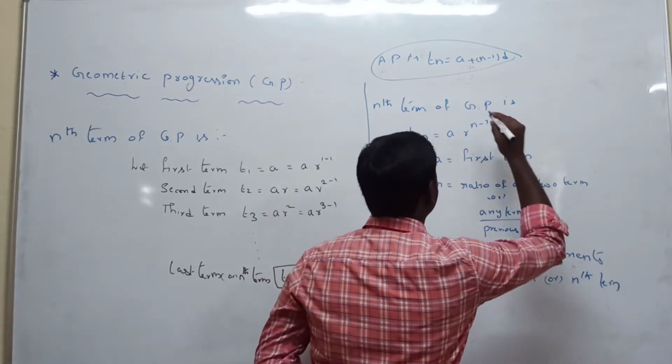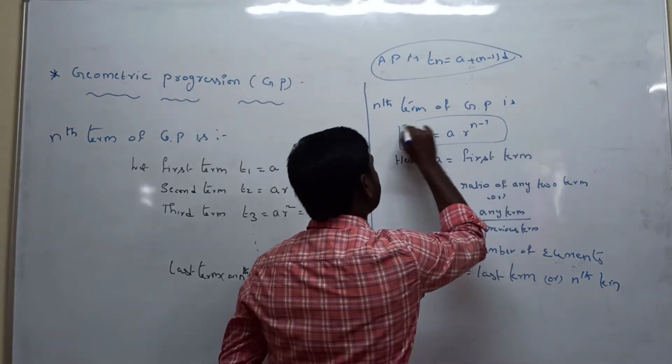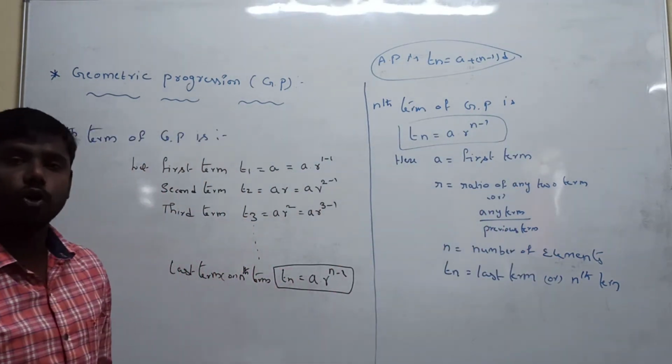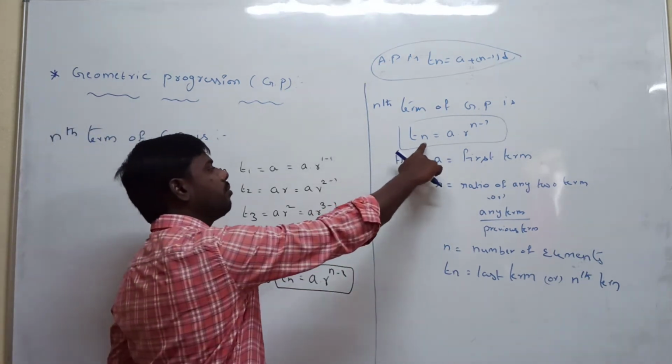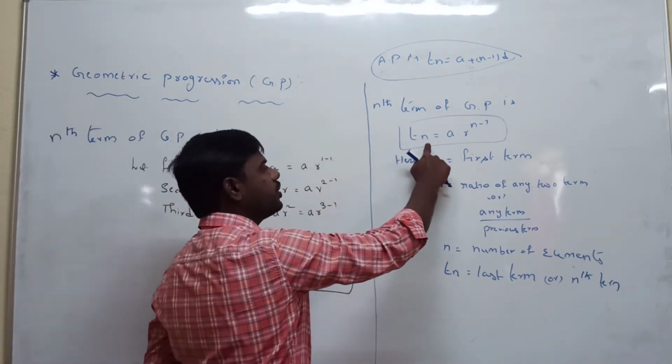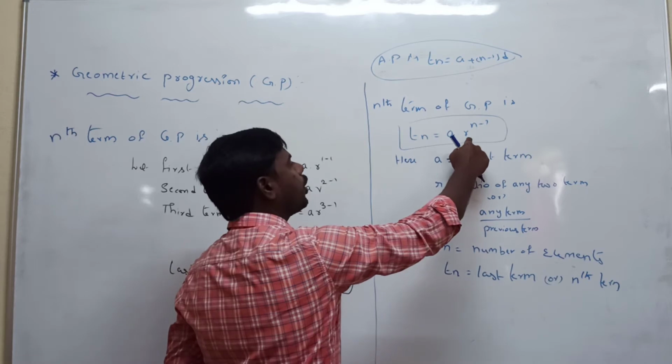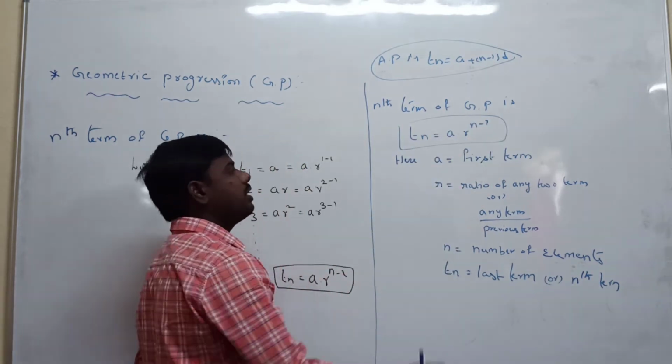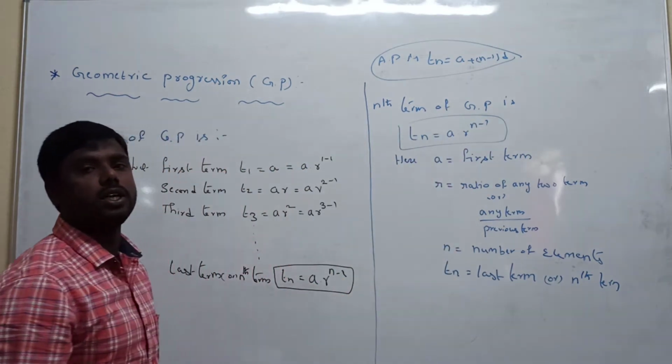A very important formula is the nth term of the geometric progression: Tn is equal to A into R to the power of n minus 1. A is called the first term.